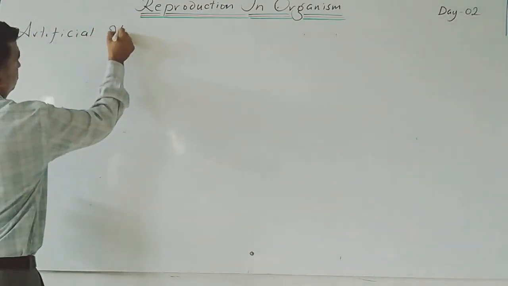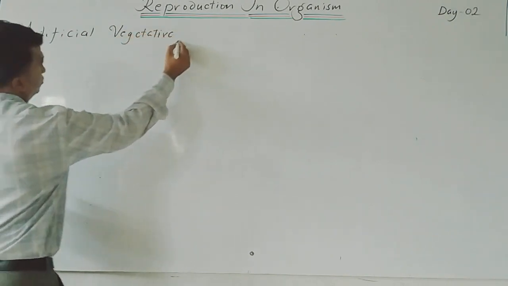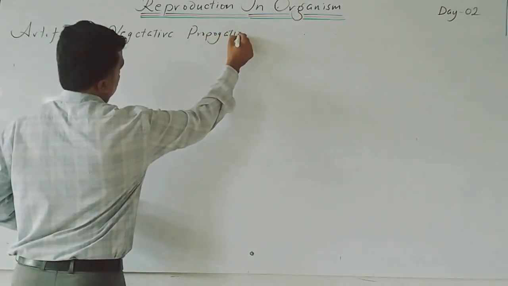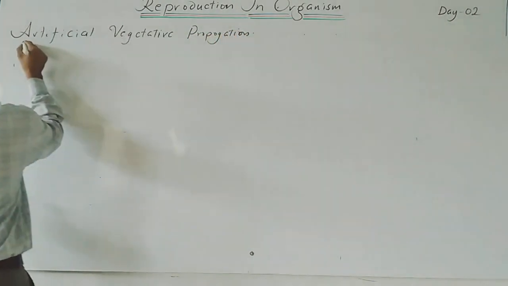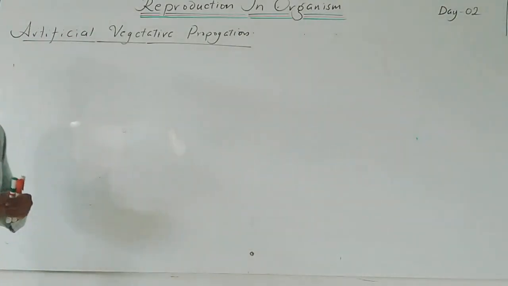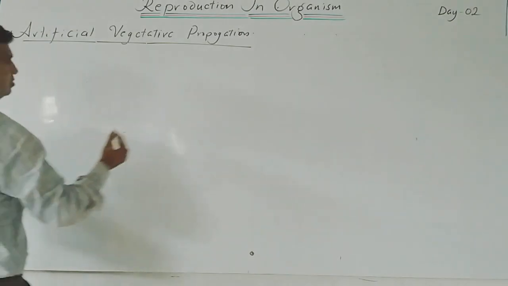Artificial vegetative propagation means these are done by human beings. Under this one, three types are there.